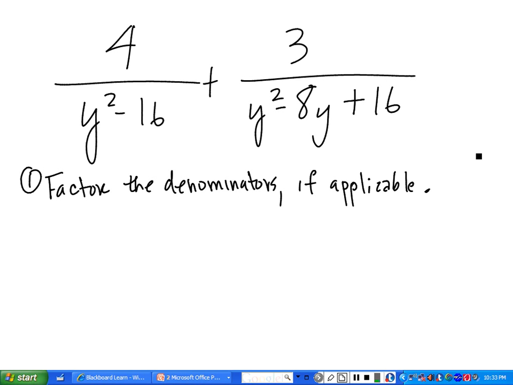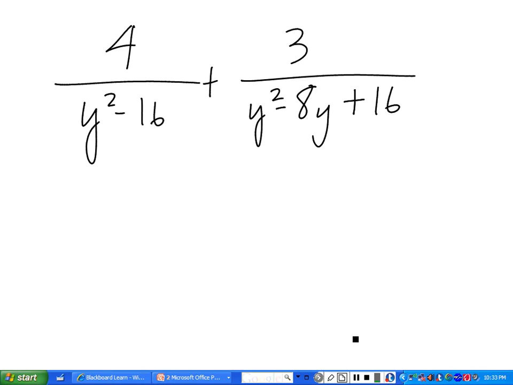Okay, and in this case you can factor the denominators, and the reason why we want to factor the denominators is we're trying to basically tear it apart so we can figure out what's in common with both of these denominators. Right now we really can't tell, but if we factor both, we may see something that's in common, so we can figure out what the LCD is.